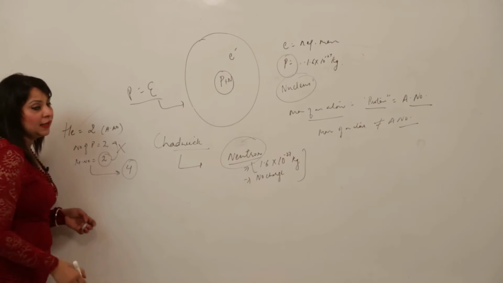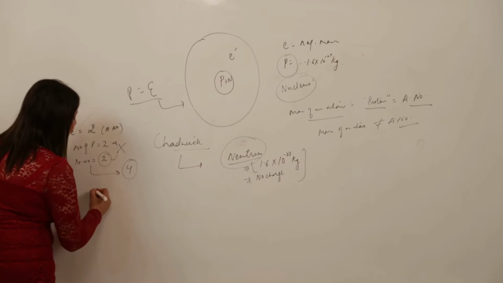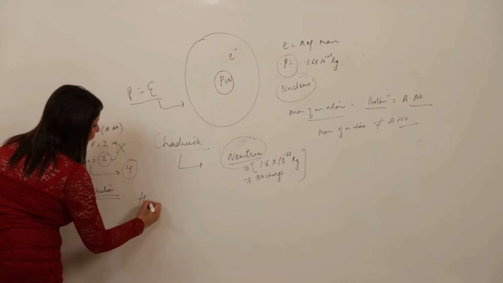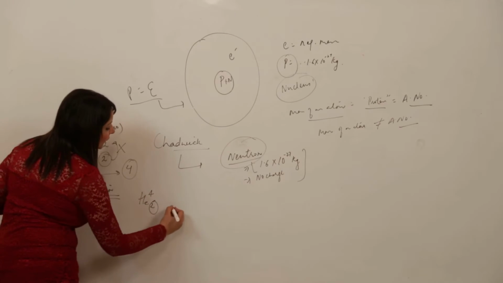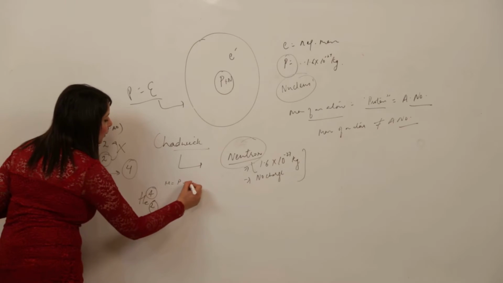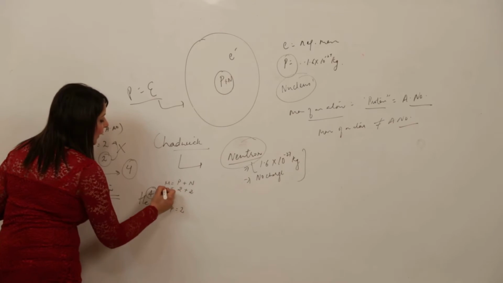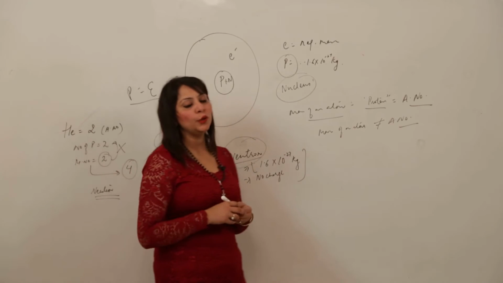That means there exists some particle which is contributing to the mass, and that was called the neutron. So in helium, we write helium as 4 and 2, that means atomic number 2, number of protons 2, but the mass number, which is equal to the sum of protons and neutrons, is 2 plus 2. That is why the mass number comes out to be 4. So this is how the neutron was discovered.